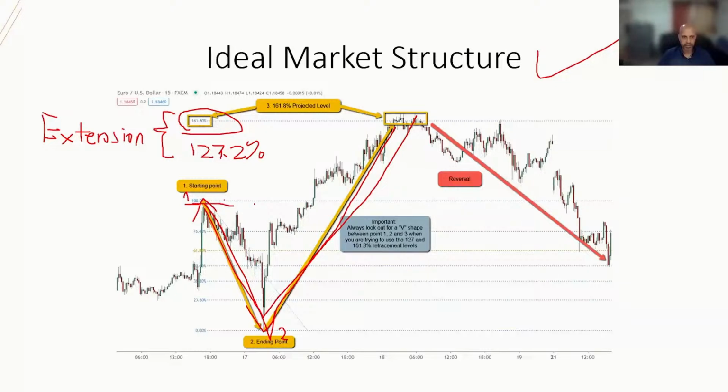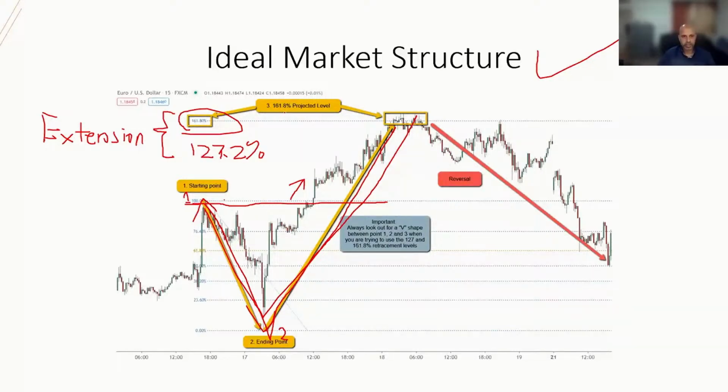How we can use the extension levels is when we see price reverse strongly and come back up to the starting point, which is at 100%. Here we can say we're looking for a potential bullish breakout. We have our technical indicators telling us that this is a strong bullish move, and a strong fundamental data catalyst driving this move as well. So when price breaks above 100%, we can use the extension levels to identify potential take profit.